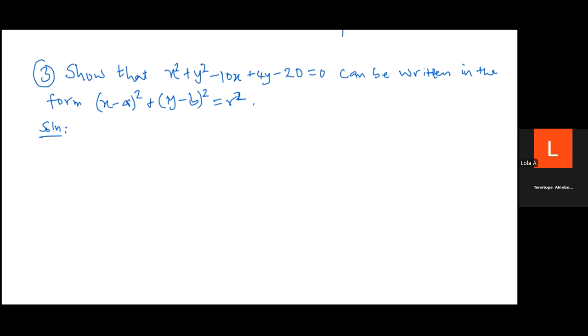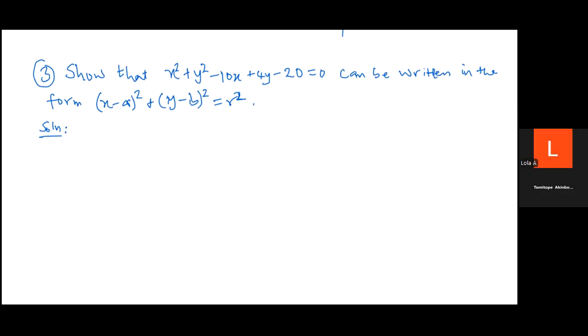Okay. Now, what the question is asking us to do says show that x squared plus y squared minus 10x plus 4y minus 20 equals 0 can be written in the form this. What does that mean? Technically, the question is demanding that we should find the center and radius of this given equation.